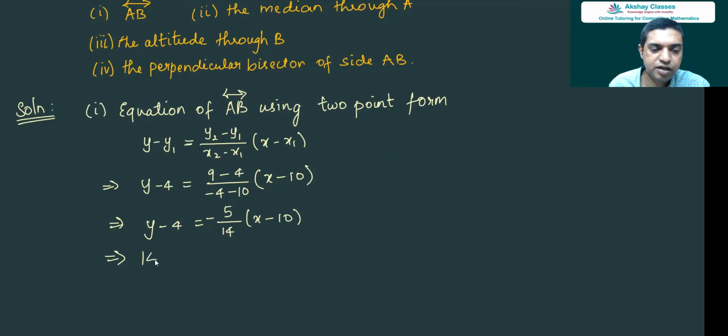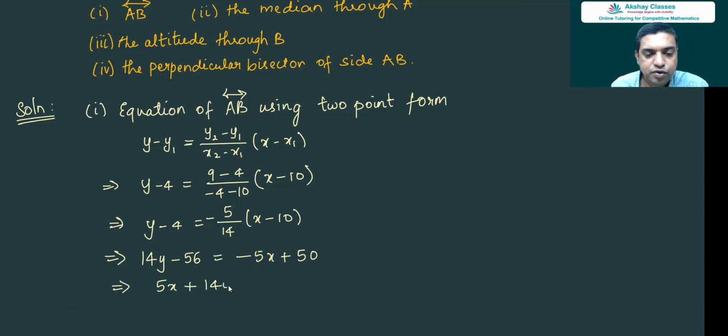Multiply throughout by 14: 14y minus 56, 14 into 4 is 56, then minus 5x plus 50. So we get 5x plus 14y is equal to 106.